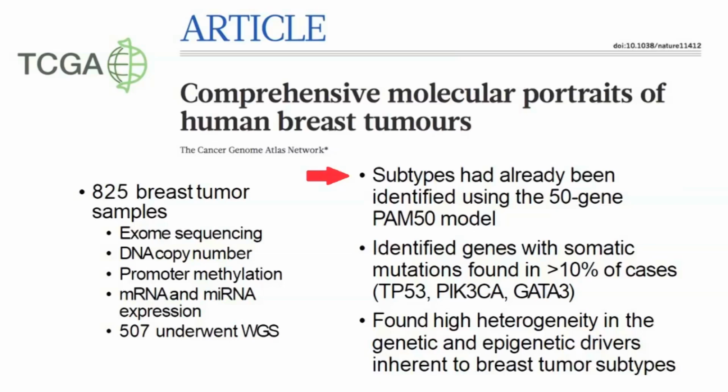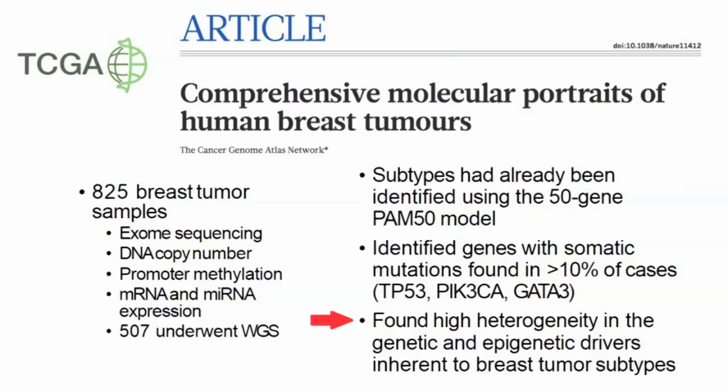I'll talk a little bit about what those subtypes are because you'll probably hear about them a lot this week. And then they identified genes with somatic mutations in different samples. So they were really just characterizing breast tumors from a genomic perspective, looking at the epigenetic drivers.